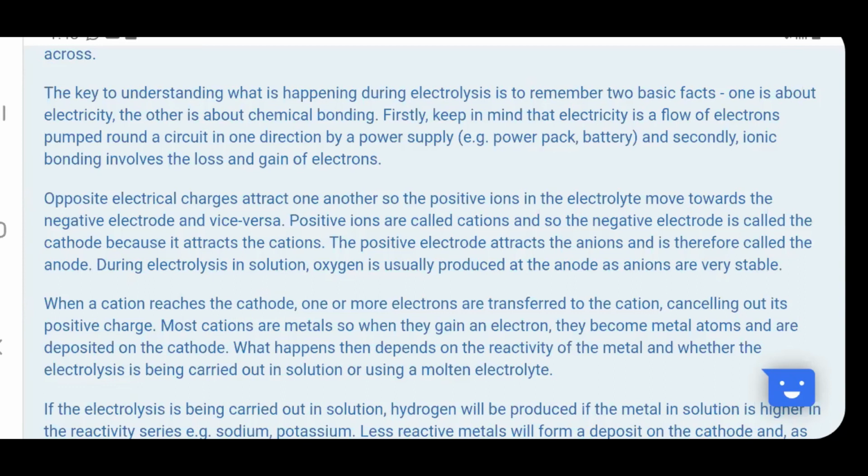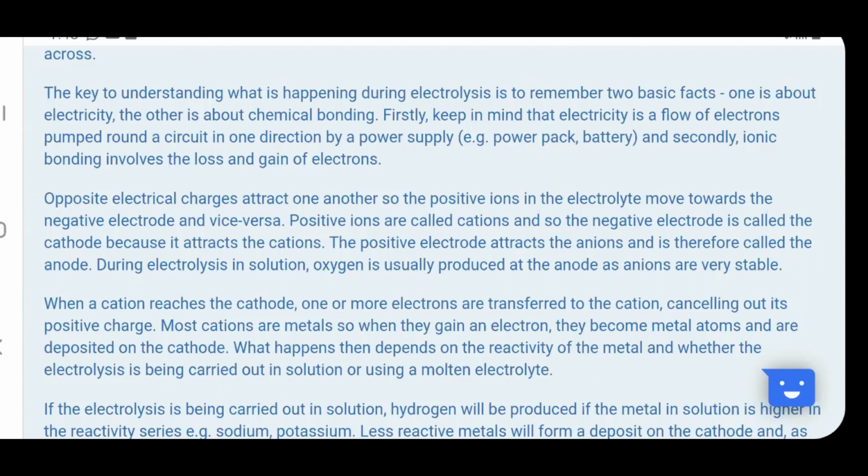What happens then depends on the reactivity of the metals and whether the electrolysis is being carried out in solution or using a molten electrolyte. Like I referenced just now, if it's molten, like lead chloride, you don't have any other ions except for the lead ions and the chloride ions. But if it's a solution, like HCl, you would have the H plus ions and the OH minus ions coming from the water, and likewise, from the acid itself, the H plus ions and the Cl minus ions.